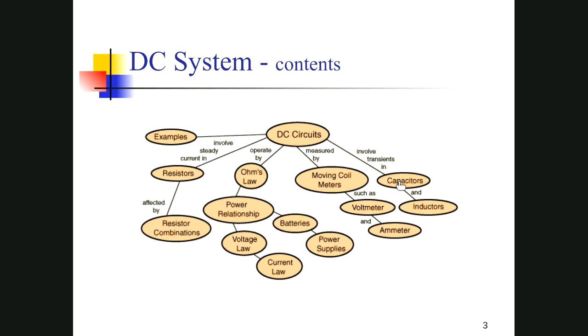Lastly, we talk about the transient phenomena in DC circuits, and by that chance, we introduce the capacitors and inductors. So that is the relationship between the components we will learn in these chapters.